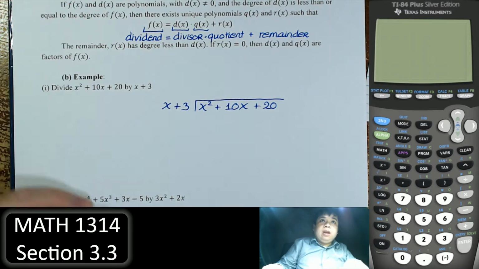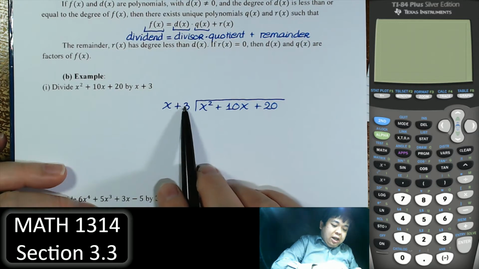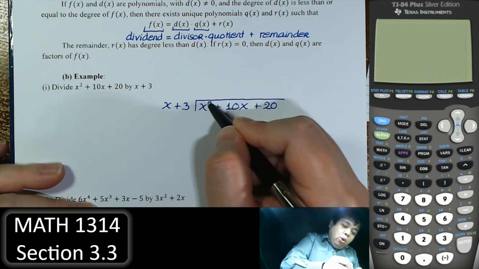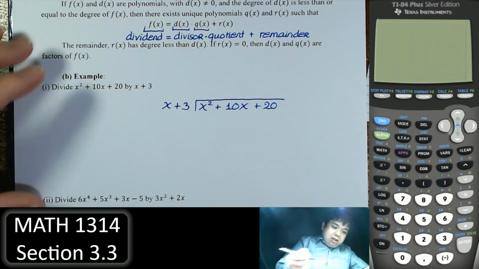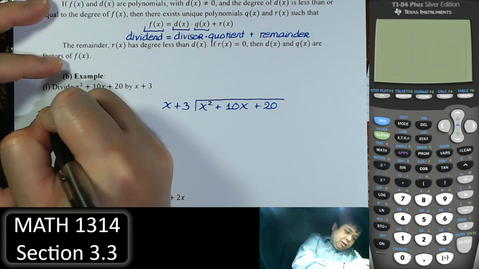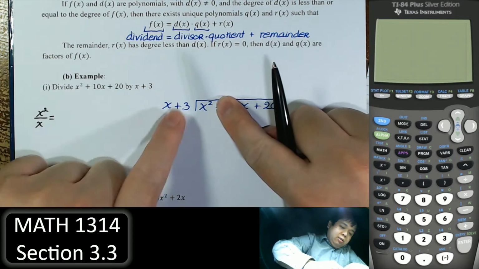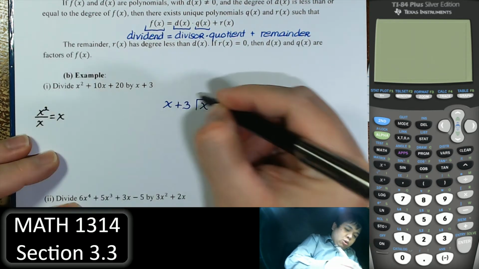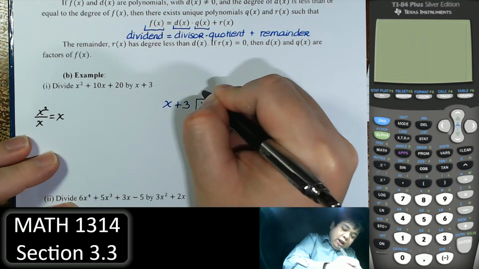Well, now we only divide by the highest term. We cannot take more than one term to divide. So here we only take x going into x squared, only the highest term. So x squared divided by x is an x. So we write x plus 3 goes into x squared, x times.